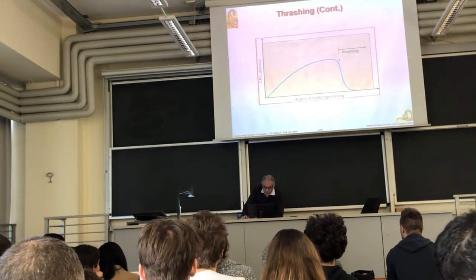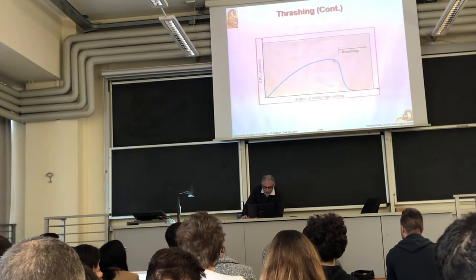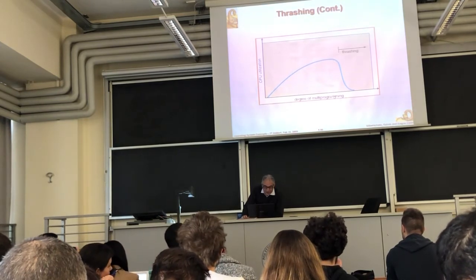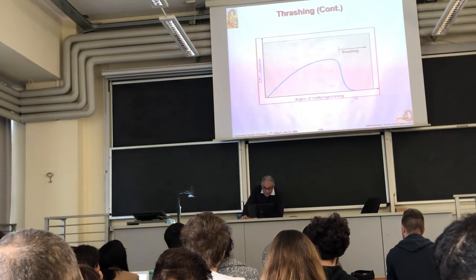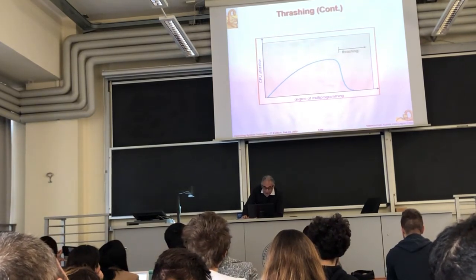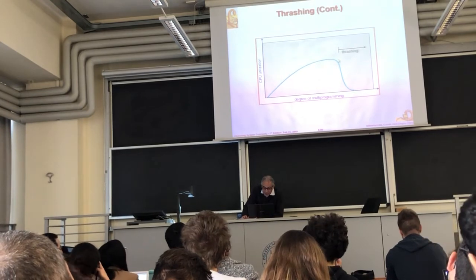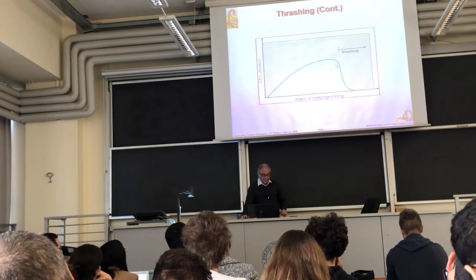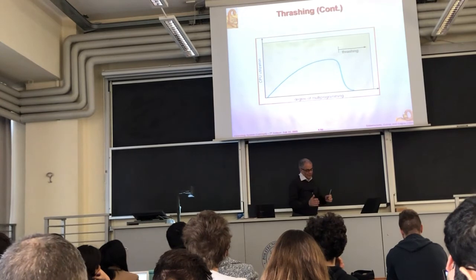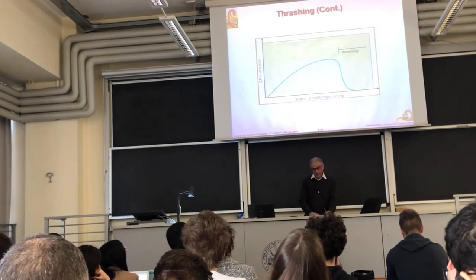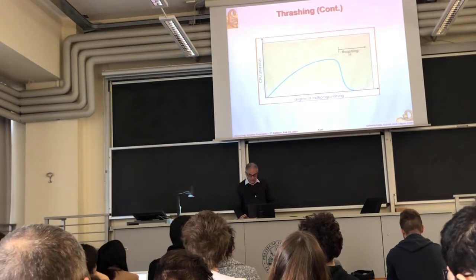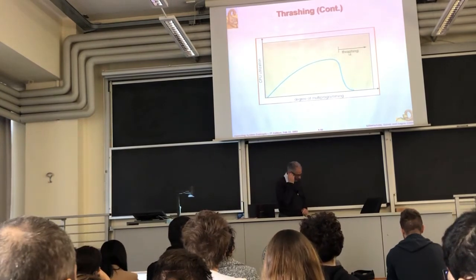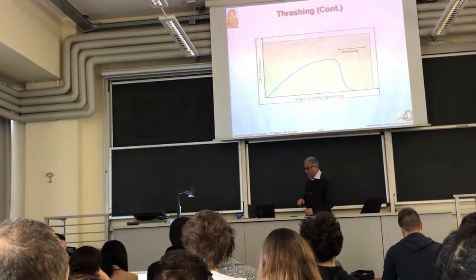You reach a maximum at a given degree of multiprogramming, then rapidly the CPU utilization goes down, and this point essentially depends on two factors: the dimension of the memory and the speed of the disk. So how fast is the transfer of the disk.